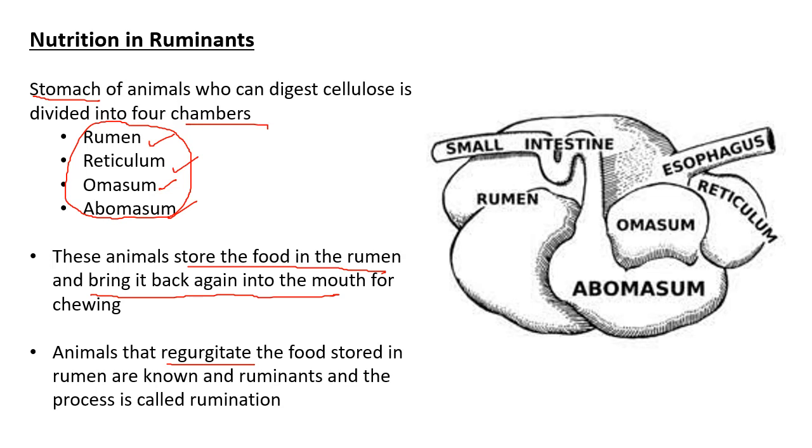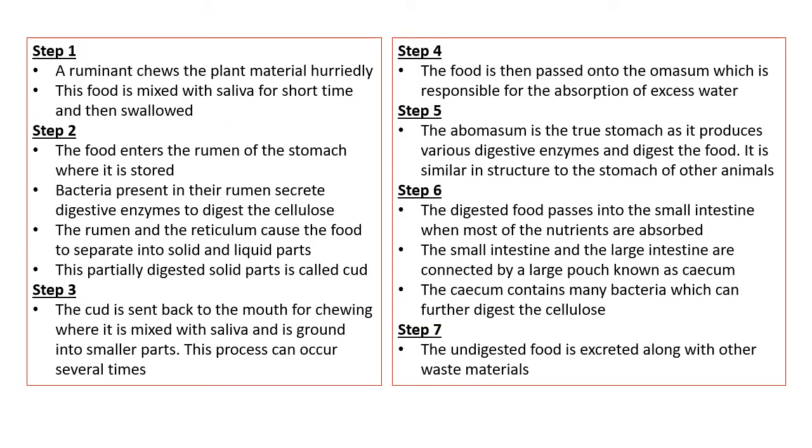Okay, so these are the different steps involved. In the first step, the ruminant chews the plant hurriedly, meaning quickly. It mixes it with saliva for a short time and swallows. Actually, it is not chewed properly.